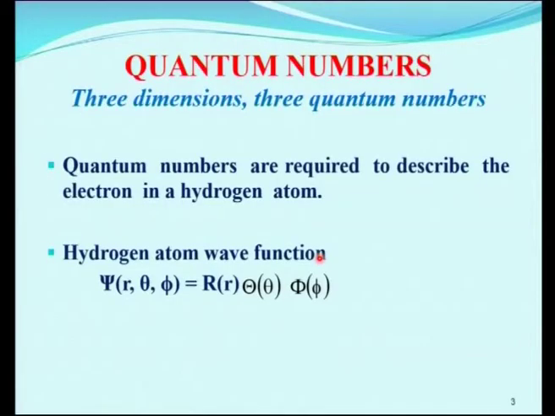The first one is basic quantum numbers. We know that quantum numbers are required to describe the electron in a hydrogen atom. Already in the previous sessions, we have seen the quantum theory of the hydrogen atom, in which we expressed the wave function of a hydrogen atom in terms of spherical polar coordinates, that is r, theta, phi.